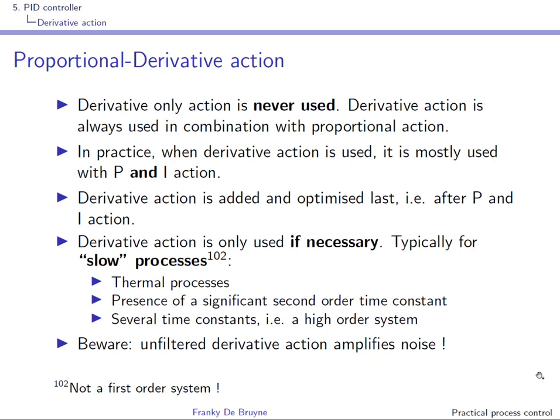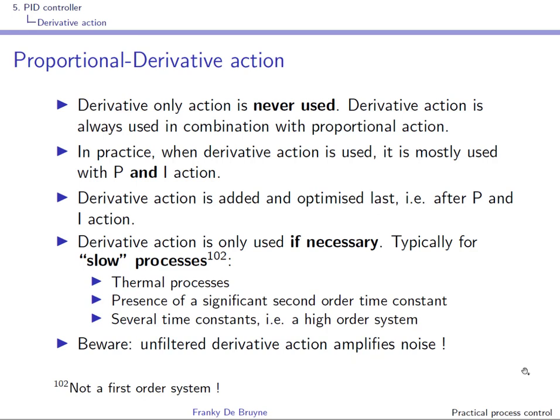It could be that you have several time constants, a high order lag system. A good example of such slow processes are thermal processes. Beware of unfiltered derivative action, as it amplifies the noise. We will see how you can obtain a filtered derivative action.